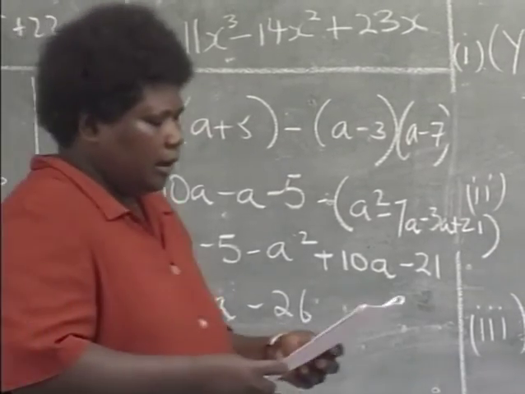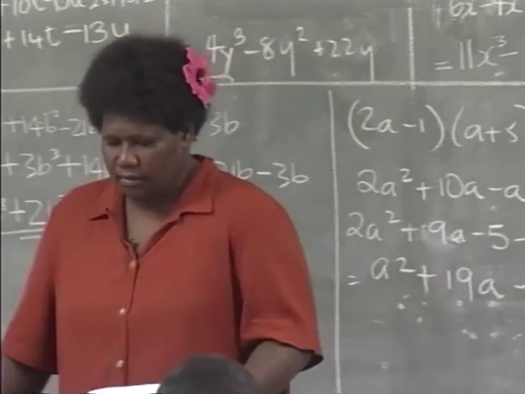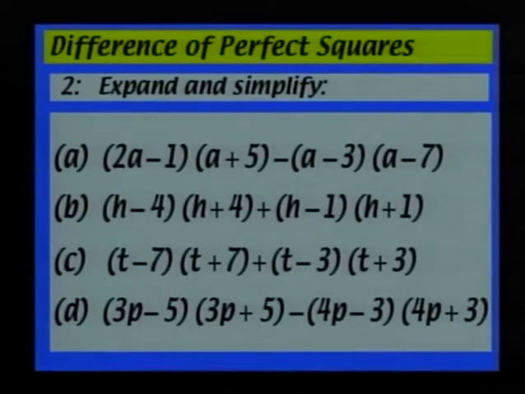Okay, our next question then for letter B. Natasha. 2h squared minus 17. Okay, correct. Letter C. 2t squared minus 58.